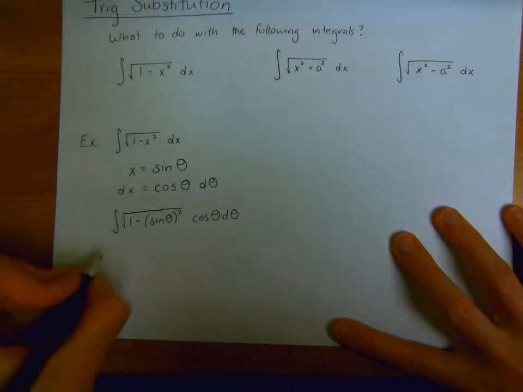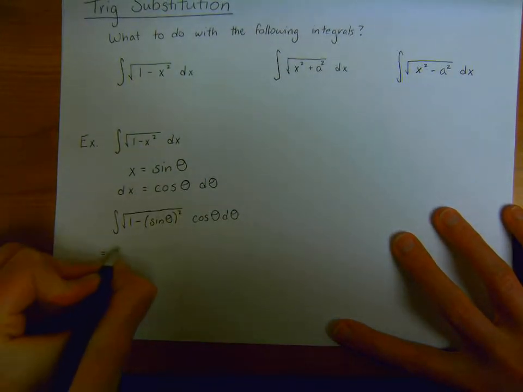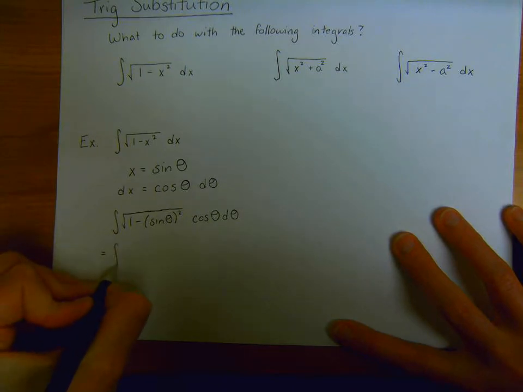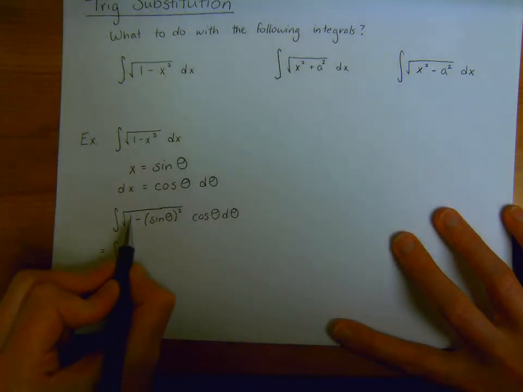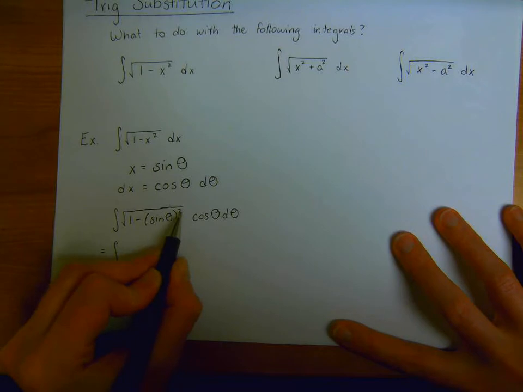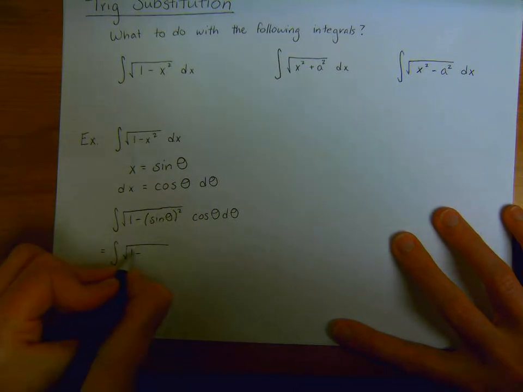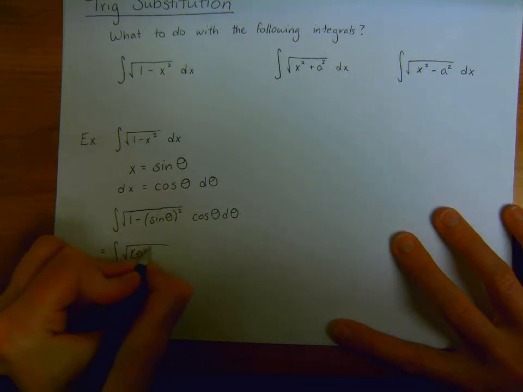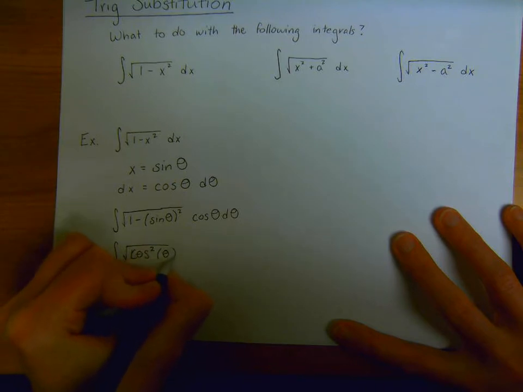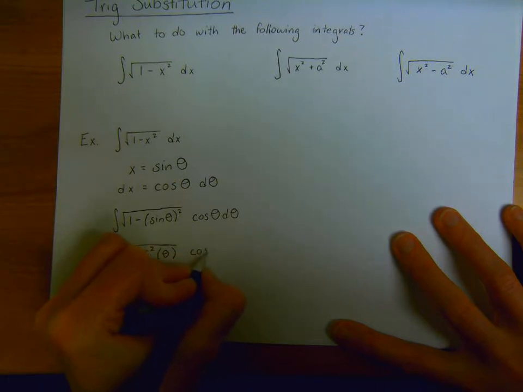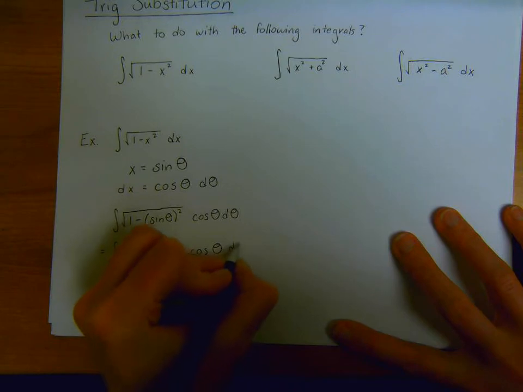And why did I do this? I did this because now I can make use of the trig identity that 1 minus sine squared is cosine squared. So this becomes the integral of cosine squared theta times cosine of theta d theta.